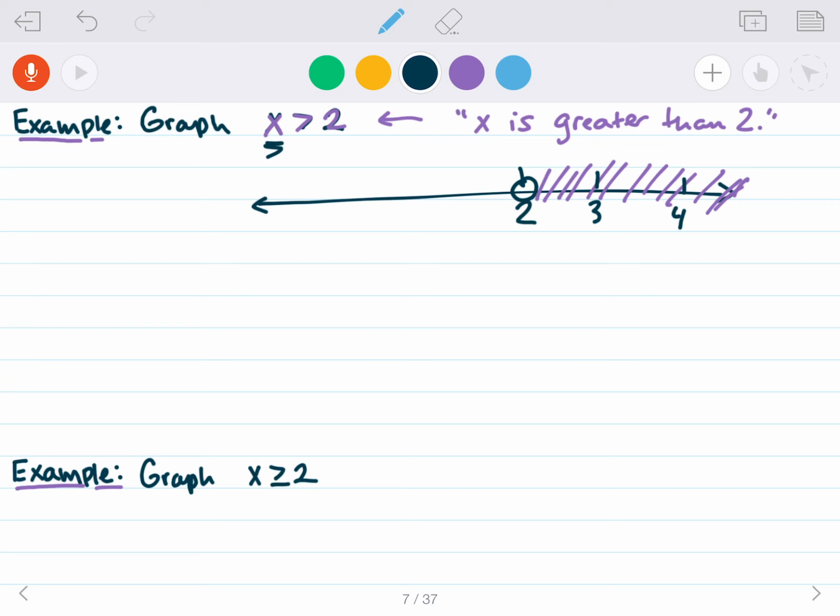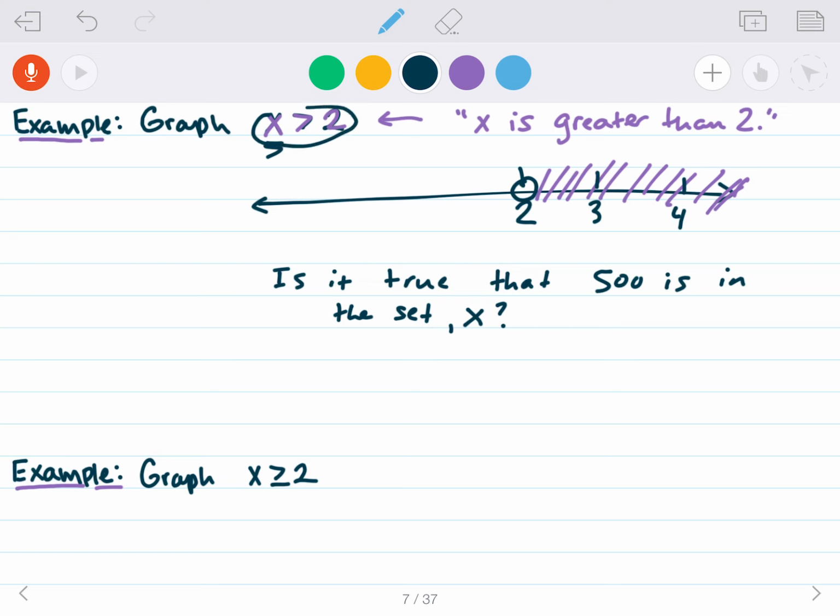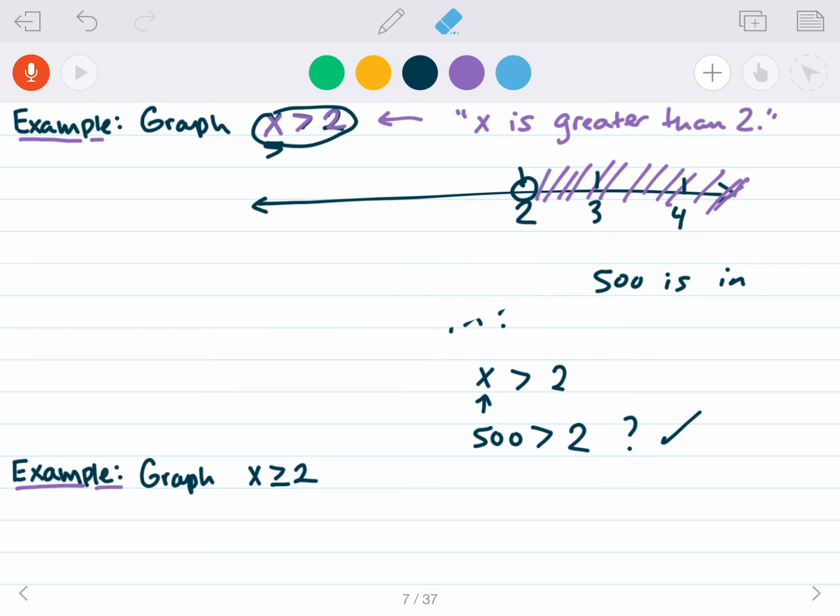You can say, well, is it true, just like with equations, is it true that 500 is in the set x? Is that true? Well, you go to your original inequality and you say, okay, if I plug in 500 for x, is it true that 500 is bigger than 2? And that's yes. So yes, 500 is in the set. So that's how you can check yourself.